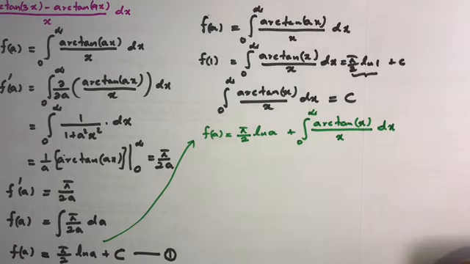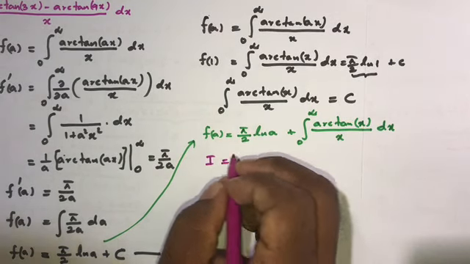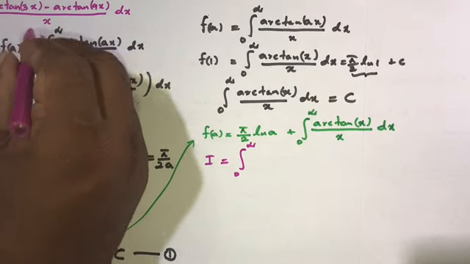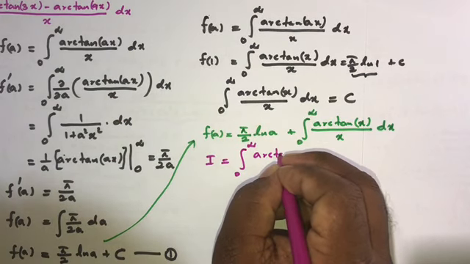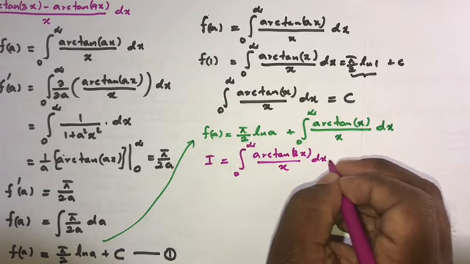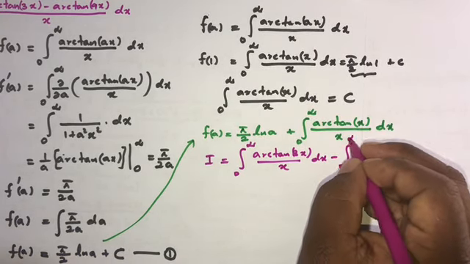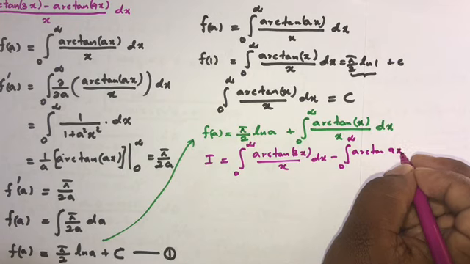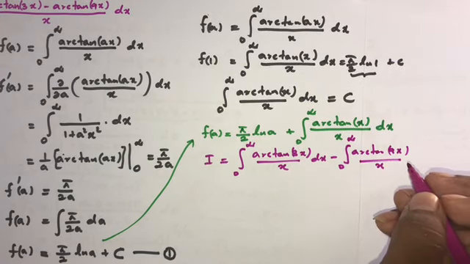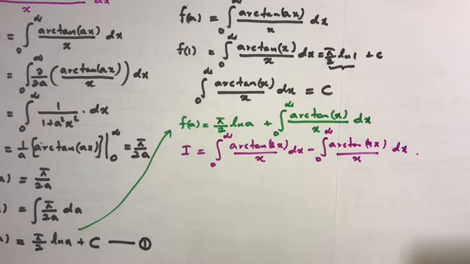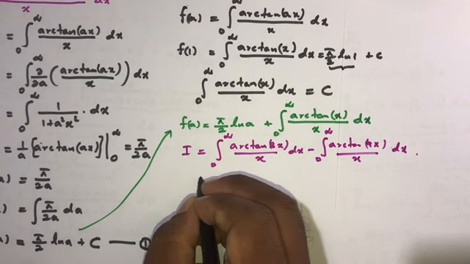Okay, then we know our integral I is equal to the integral from 0 to infinity of arctan of 3x over x dx minus the integral from 0 to infinity of arctan of 9x over x dx.